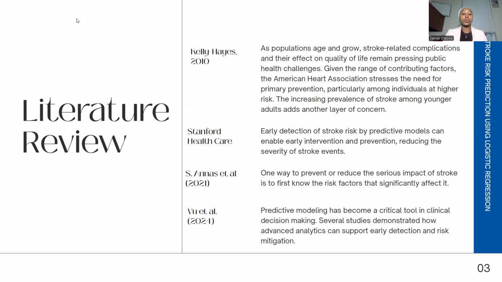We need to look for ways to predict stroke factors, or what causes stroke, so that we can have actionable preventions towards them. Some of this prevention modeling has become so critical that we have to actually do it. Several studies have also demonstrated how advanced analytics can support early detection and risk mitigation.